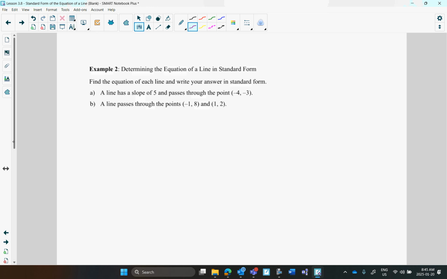So finding the equation means we're going to use y equals mx plus b. And then that's what our answer is going to look like. But then we got to change it to standard form. What are the 2 things that I need to know?